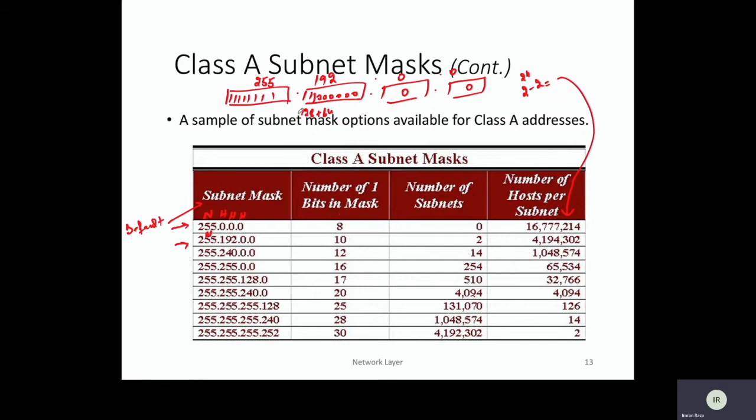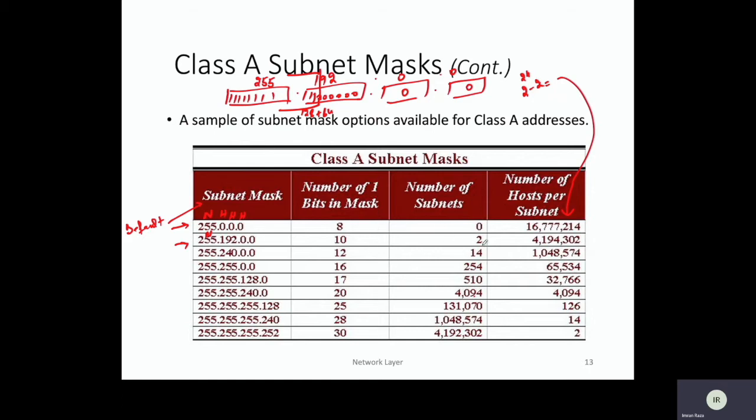Now, how many bits are used for masking? 8 is by default, the first octet representing the network portion. What we have done now is borrowed 2 more bits from here. This means the number of bits being used to represent the network portion is now 10, because these 2 bits of the host portion become part of the network, as they represent the subnet address.